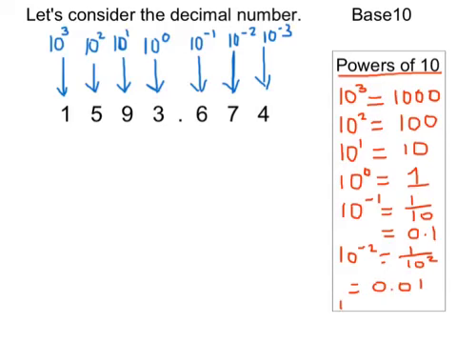And lastly, 10 to the power of -3 is equal to 0.001.